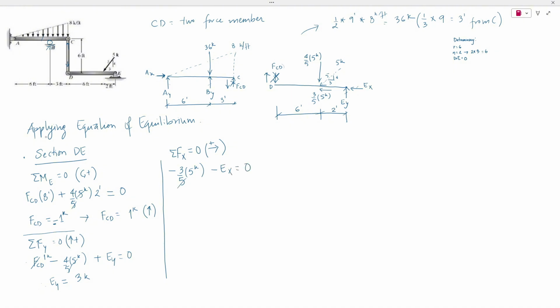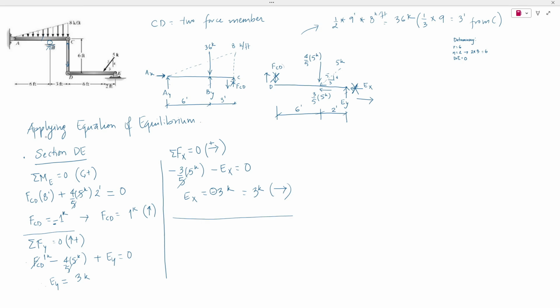Summation of all these forces to be 0. This would give us the horizontal reaction at E to be -3 kips. Again, this negative means that our assumption of EX to be towards left is wrong, so this would actually be 3 kips acting towards right, like this.